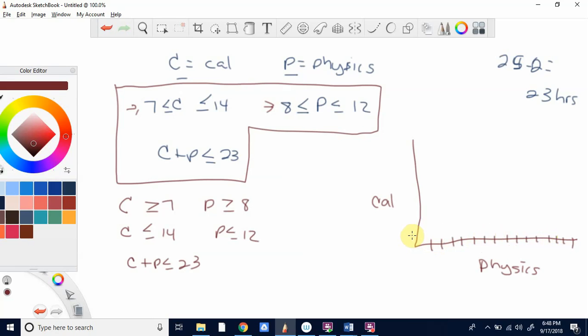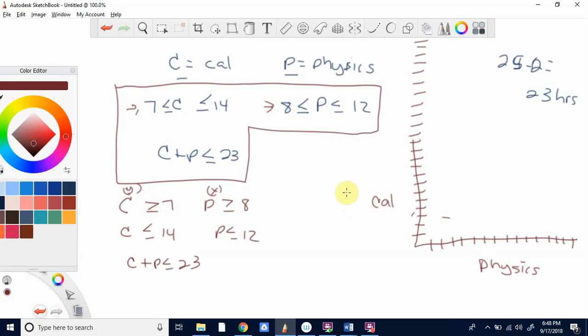Let's see. 1, 2, 3, up to 23. Okay, that's a lot. Should have done it by twos, but it doesn't matter. So remember, C is going to be your y and P is going to be your x.